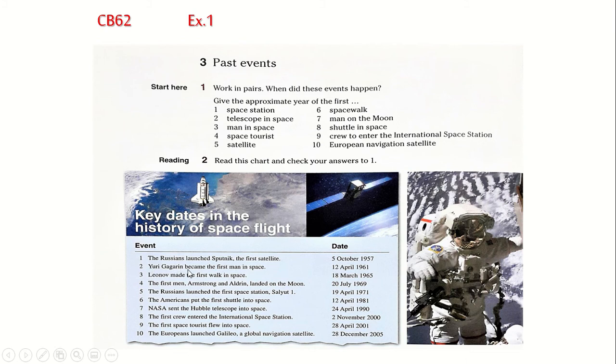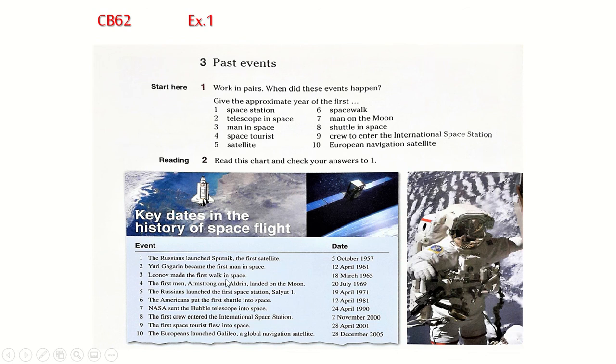Now let's look at number 2. Yuri Gagarin became the first man in space. The first man in space on the 12th of April 1961. So this date should go to number 3. Very good. So the first man in space was in 1961. Number 3.